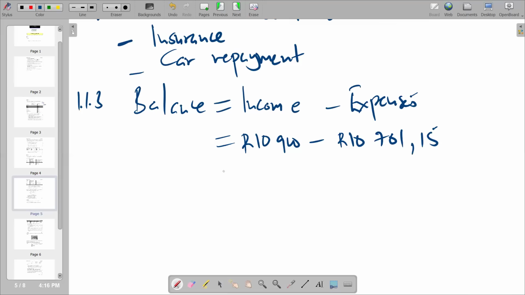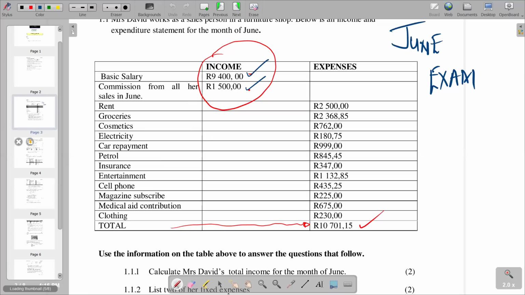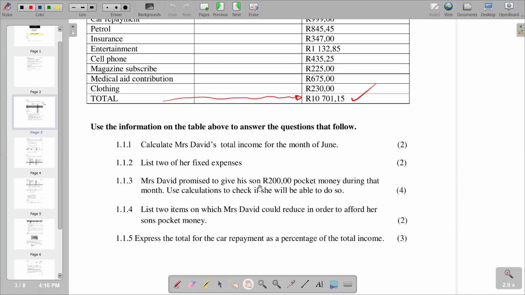Subtract there, we see that the net income or the balance that you get is 198 rands, 85 cents. So this is our balance. Our amount is less than what is supposed to be given as 200 rands pocket money.